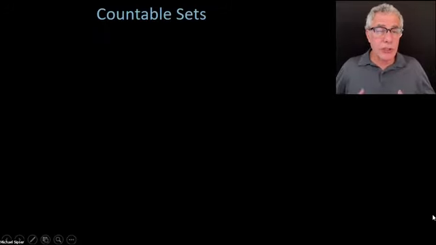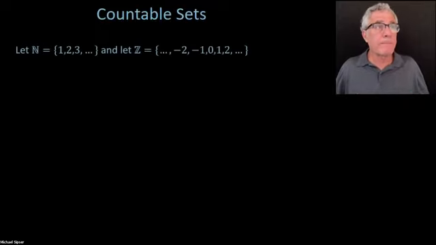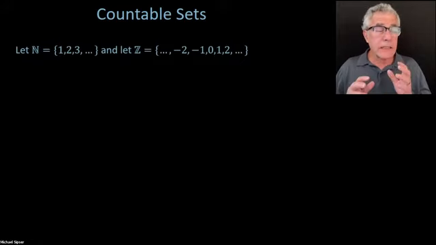Coming out of this notion of sets being of the same size, there was this notion of countable sets, as we'll see in a minute. Let's do an example. Let's take the set of natural numbers, 1, 2, 3, 4, ... and the set of integers, which includes the natural numbers, but also the negative numbers and 0.